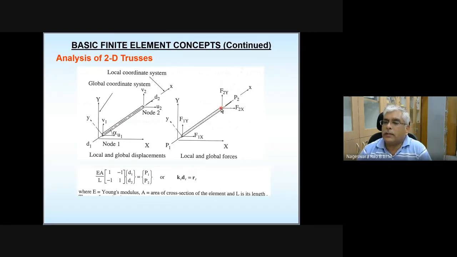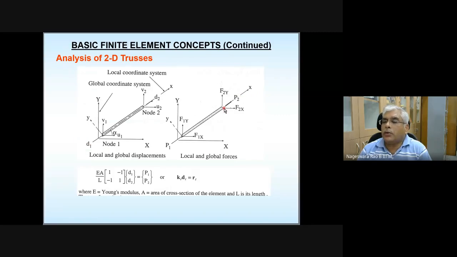What about displacement here? Local displacement is going to be there, that is d1. Displacement at node 1 in the direction of the axis of the bar is d1.